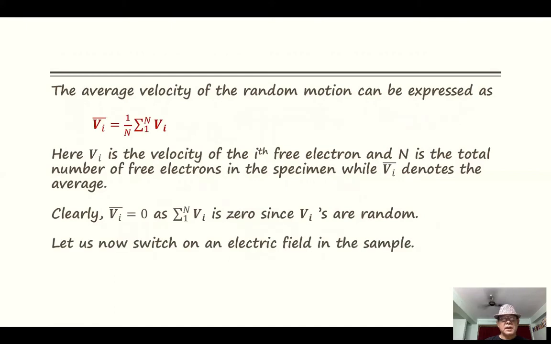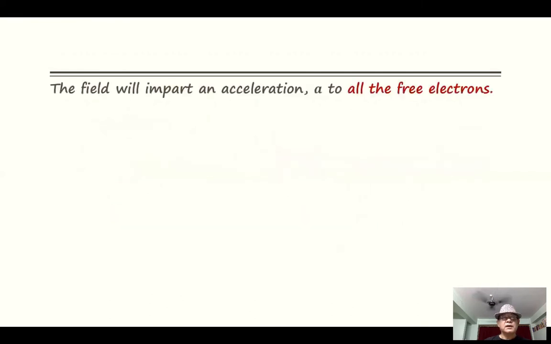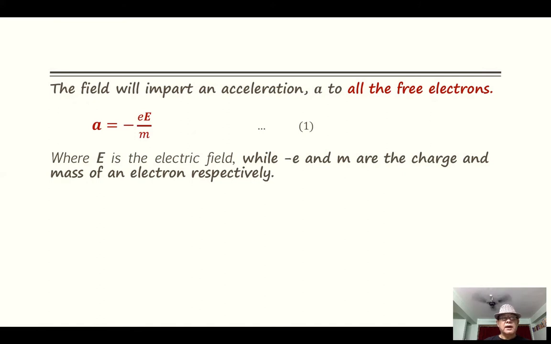Let us now switch on an electric field in the sample. The field will impart an acceleration a to all the free electrons. The acceleration is equal to minus e into E divided by m. Here, E is the electric field, while minus e and m are the charge and mass of an electron, respectively.